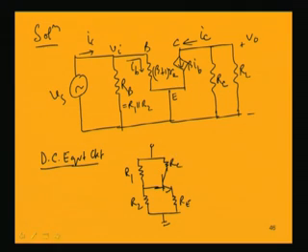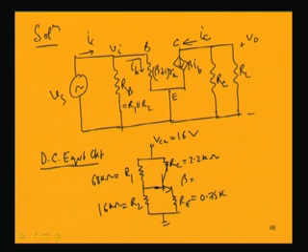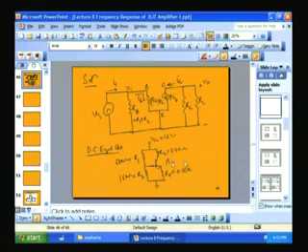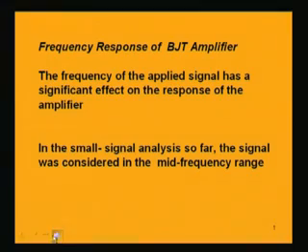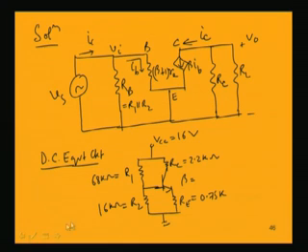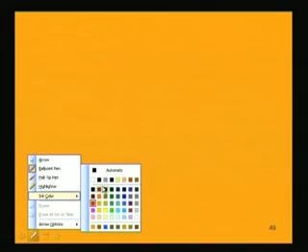RC is given as 2.2 K, RE is given as 0.75 K, R1 is equal to 68 K, and R2 is equal to 16 K. VCC is given as 16 volt. Beta for this transistor is 100.